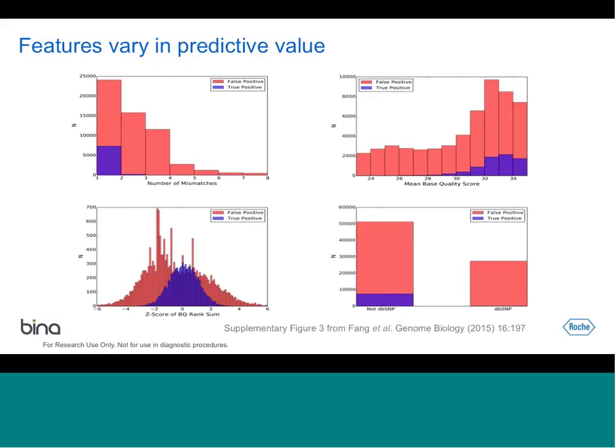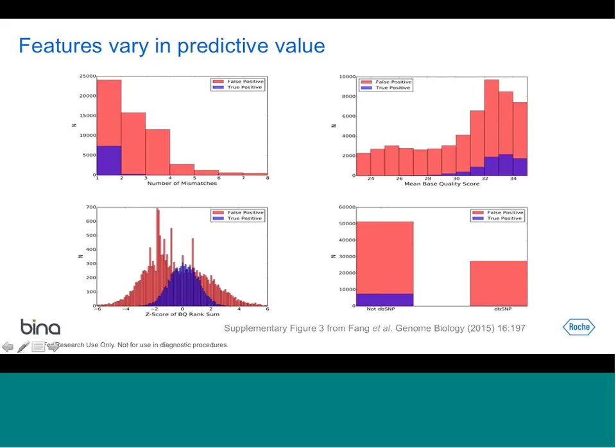So that is a strong indicator using a feature. On top right is the mean base quality score for the variant site. It's saying that if your base quality score is very low, below 30, below 32, you're more likely to see false positives than true mutations.